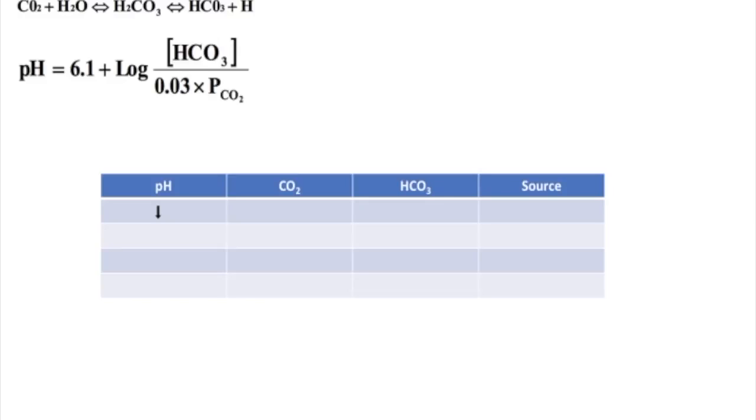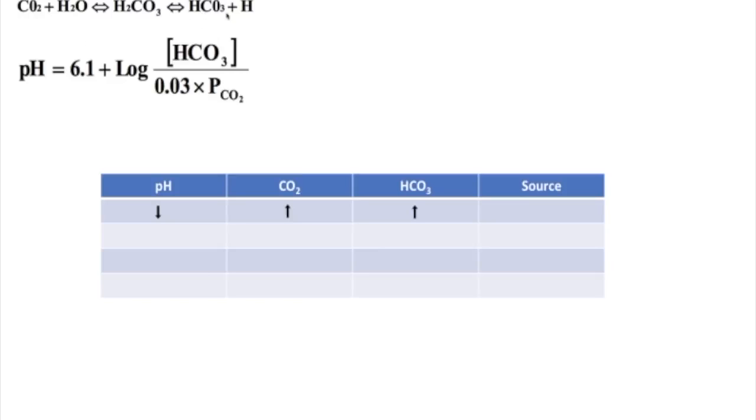So you will look at your blood gases, you'll look at your PCO2, and you'll look at your bicarb concentration in the blood. And in this case, I'm going to say that both are up. Now the question is, which of these two is causing the acidosis? Well, if we look at bicarb here in our carbonic anhydrase equation, high bicarb is going to shift this equation to the left.